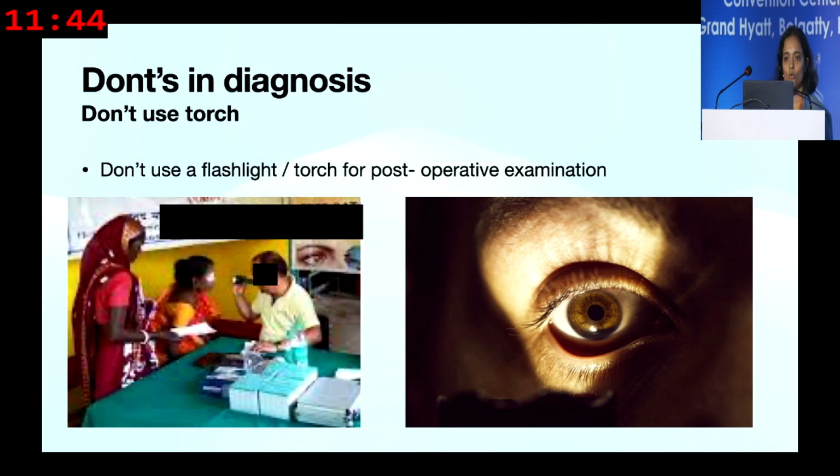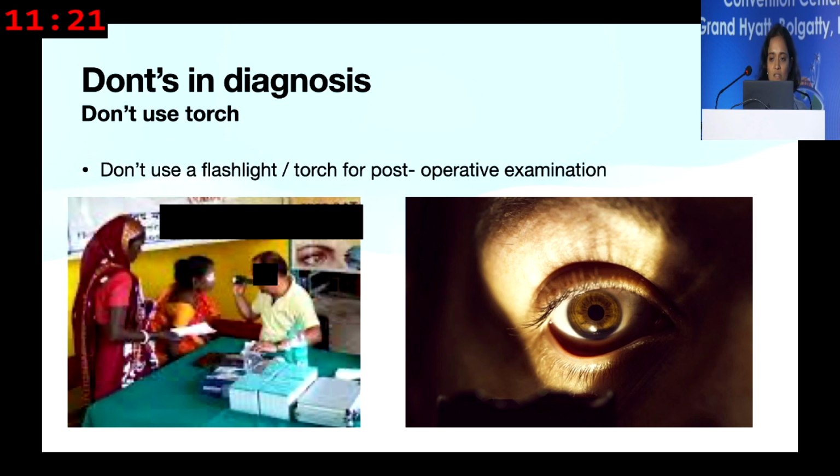Coming to don'ts in diagnosis. So in the camp and outreach community programs, we do use a flashlight for screening patients who have to undergo surgery pre-operatively. Unfortunately, because of the hundreds of patients, we sometimes tend to use a flashlight or torch for post-operative examination.